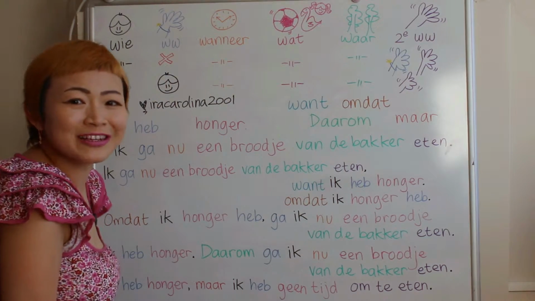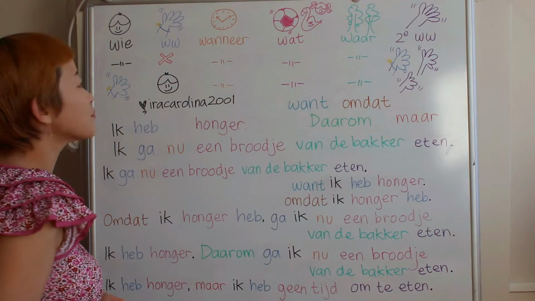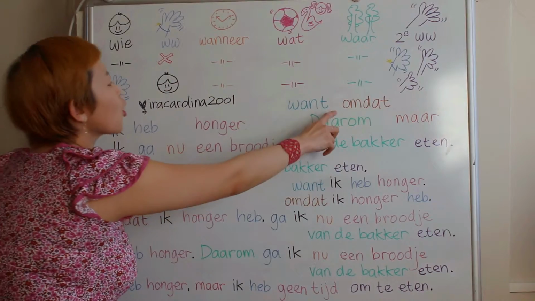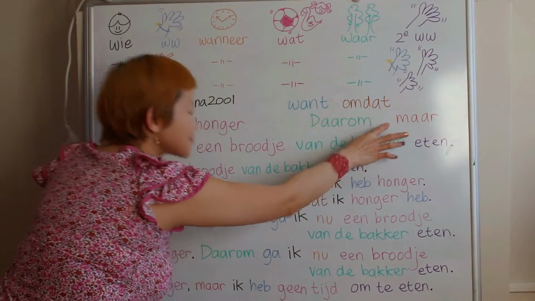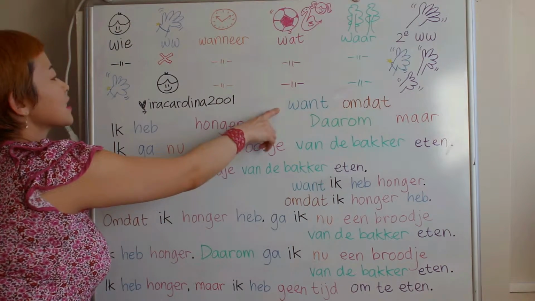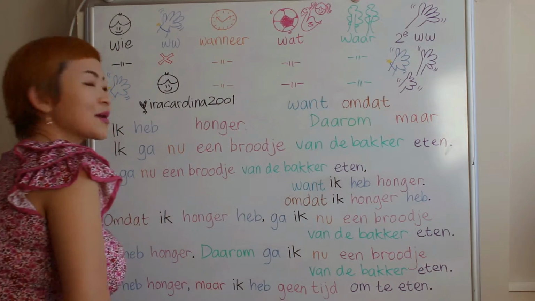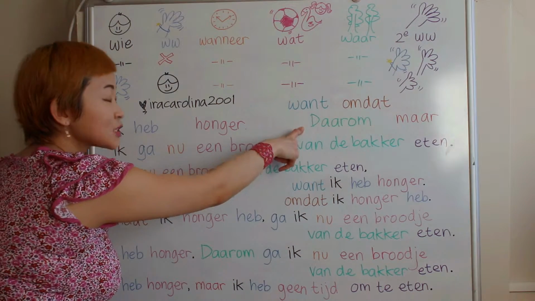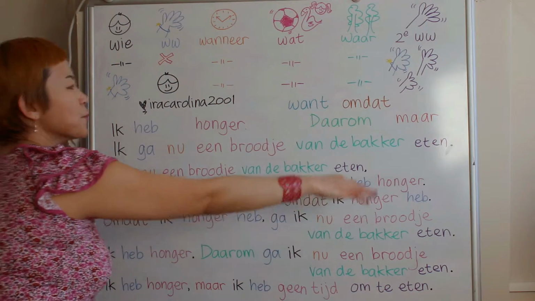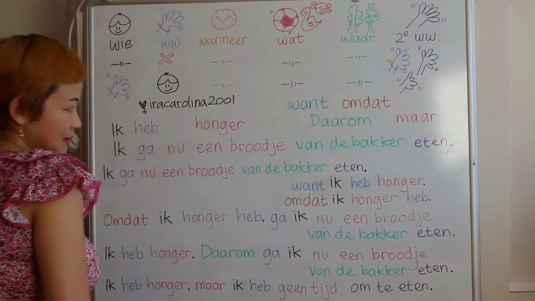Hi, today we will learn Dutch or Netherlands about want, omdat, daarom, and maar. Want and omdat is because, daarom is that's why, maar is but.